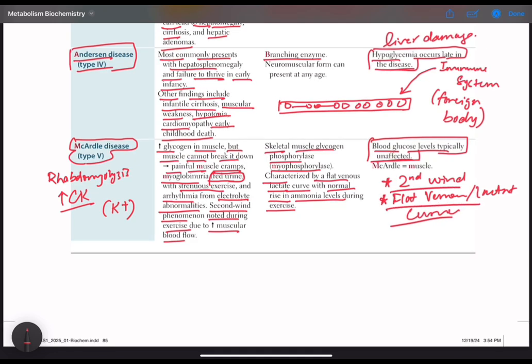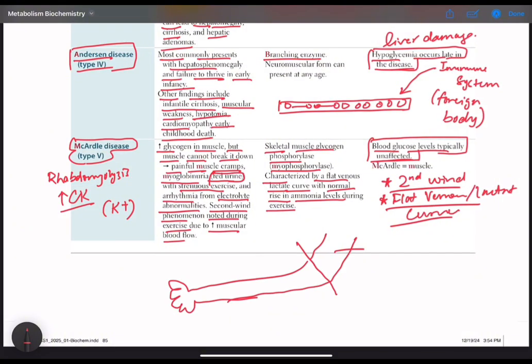The McArdle disease is diagnosed as follows. This is the patient's arm, this is the biceps or arm, this is the forearm and hand.